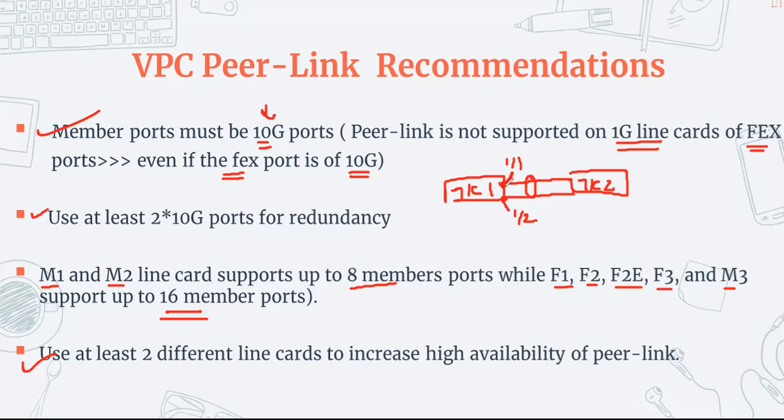And let's say your line card fails, so in that case your VPC peer link is going to be down. So this is what is mentioned here: to achieve high availability of the peer link, the ports that you are using to form the VPC peer link must be from different line cards. Only then you can achieve high availability, just in case one of the line cards goes down. Okay.